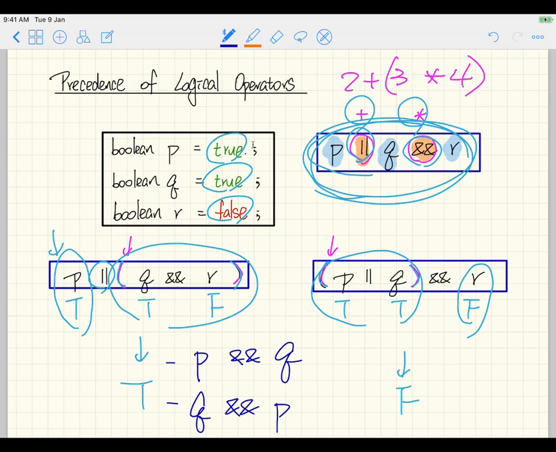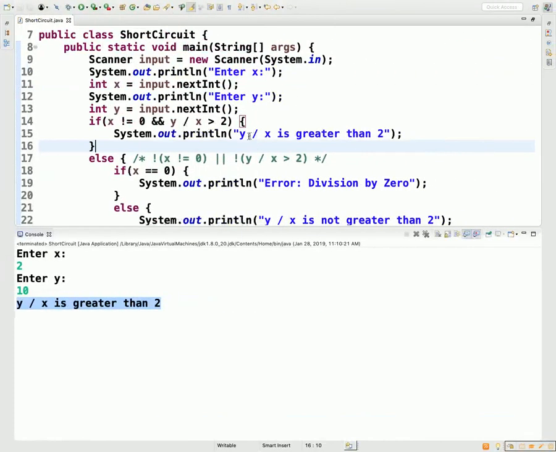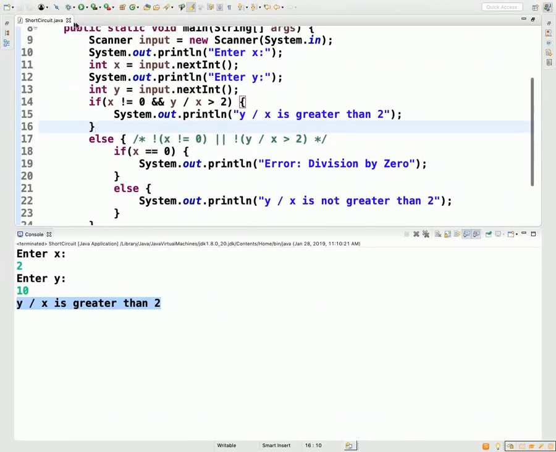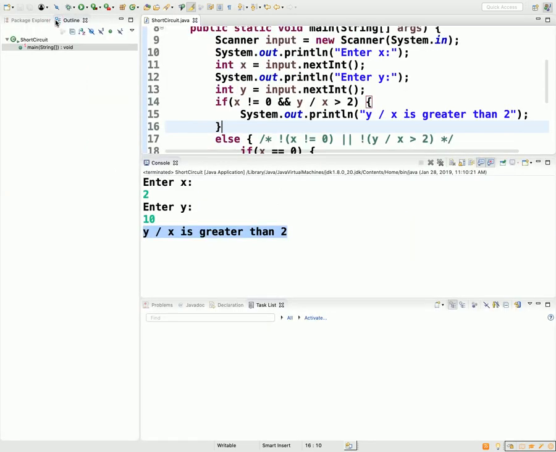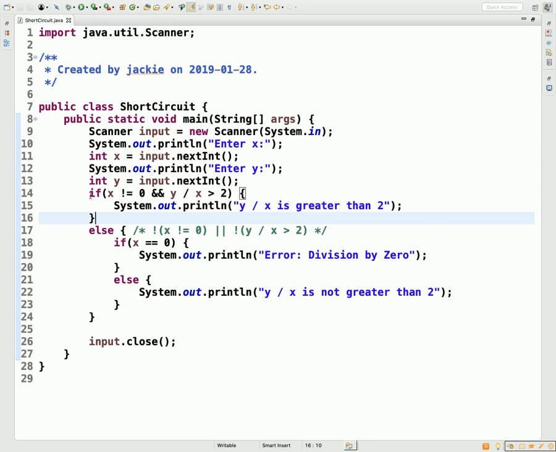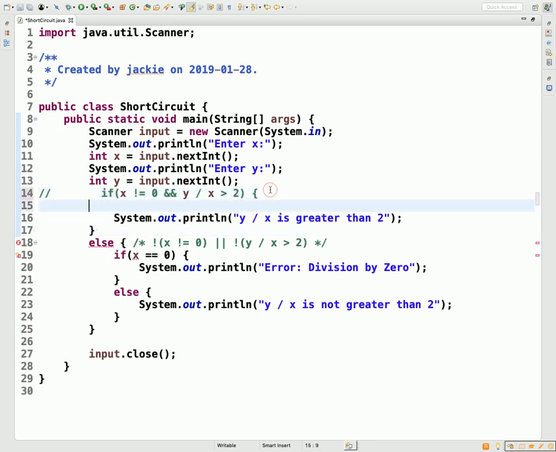Okay? So now, let me just show you the following. Let's go back to the Java code over here. The only place I'm going to modify is as follows. Let me just maximize the code over here. So let me just comment out line number 14, right? Basically, I'm going to swap the order of the two conditions.